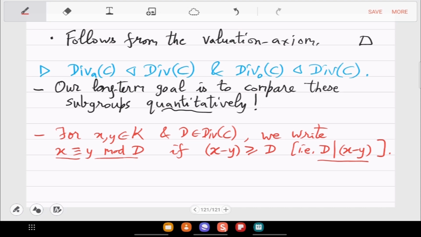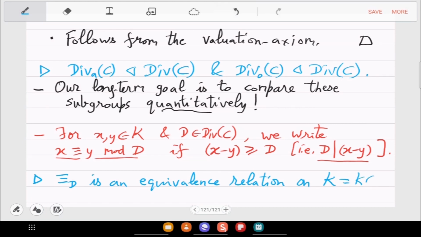We can also write it as D dividing x minus y, where D is a divisor and x minus y is a function. This actually is an equivalence relation on K, on the function field.